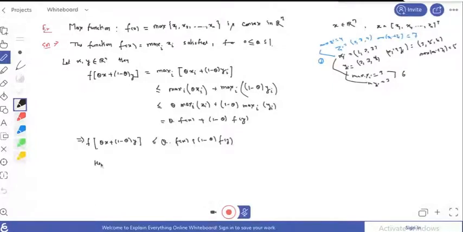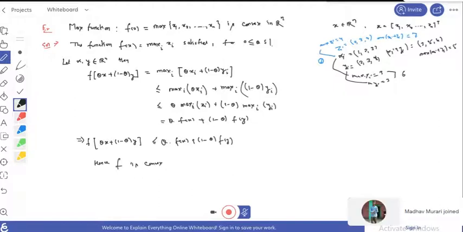So the function f is convex, in the domain R, if it is convex over R.